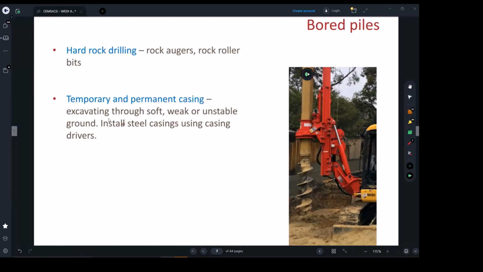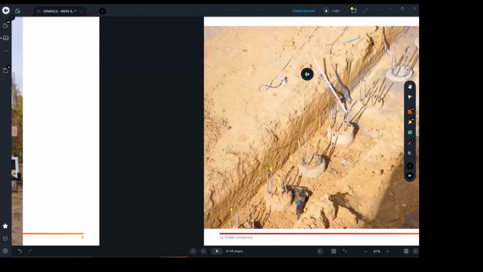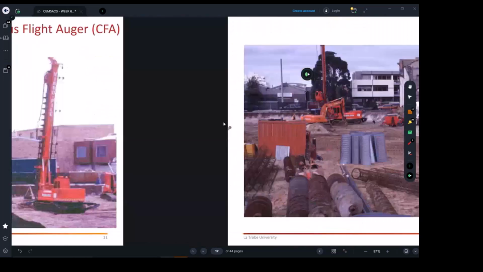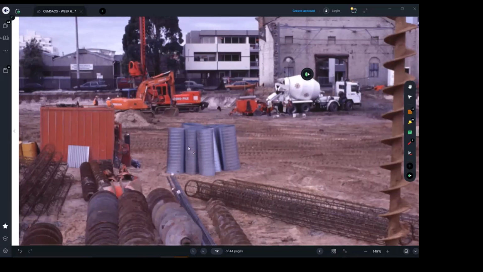And sometimes you will require temporary shoring components like those cylinders. I think I showed them to you last week. Yes, these cylinders are temporary.